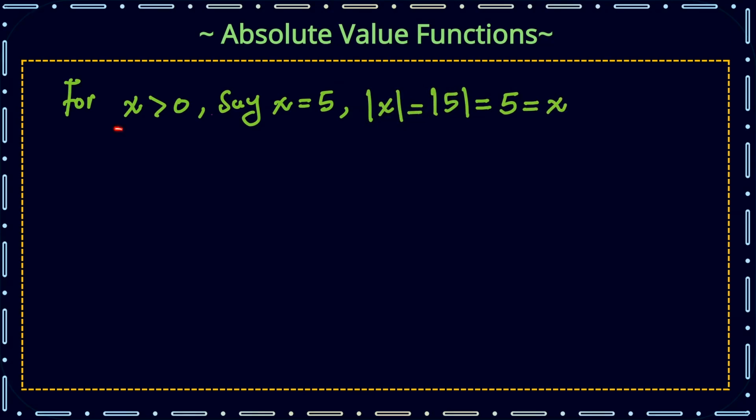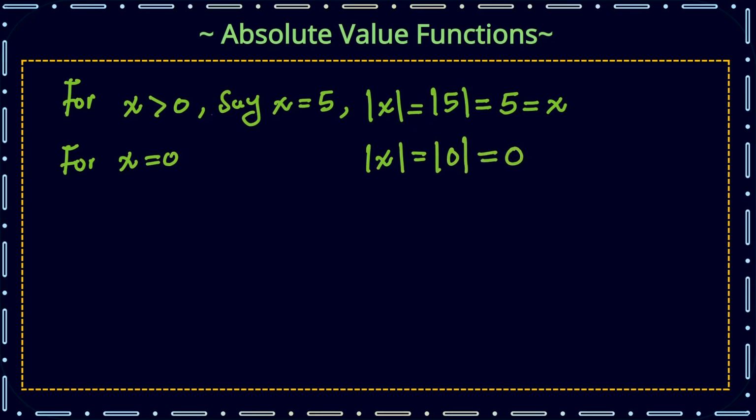So if x is positive, absolute value of x gives you x back. Well, what about 0? For x equal to 0, we get absolute value of x, which is absolute value of 0.